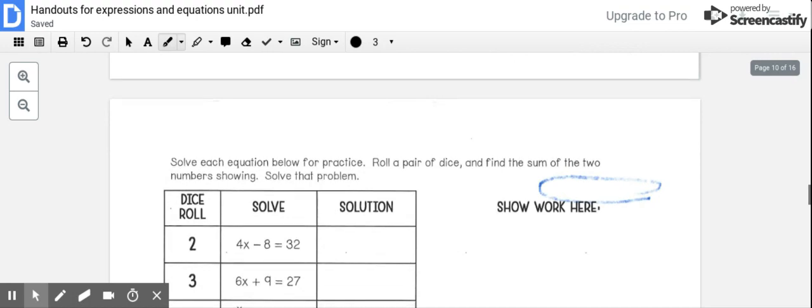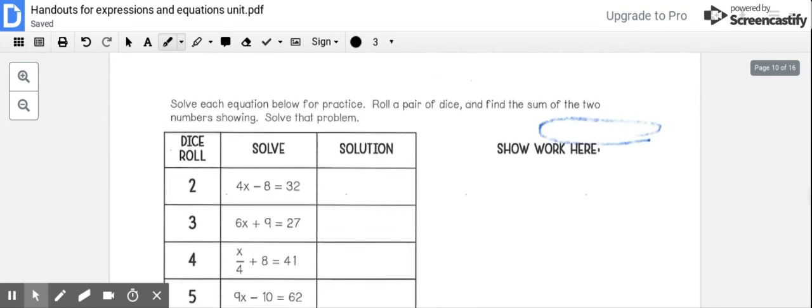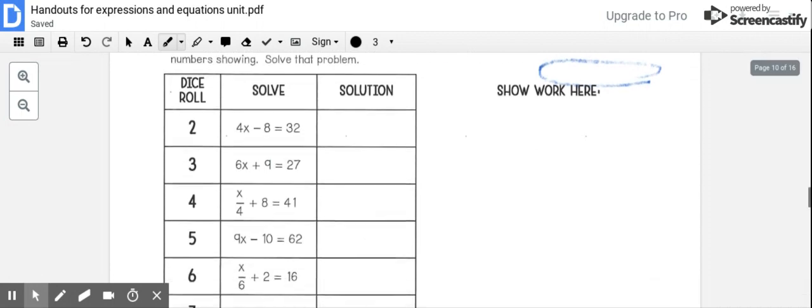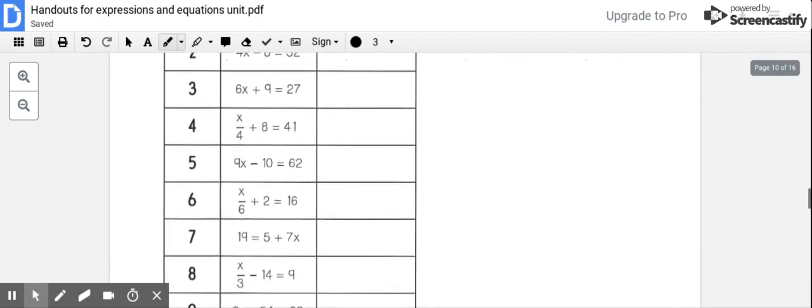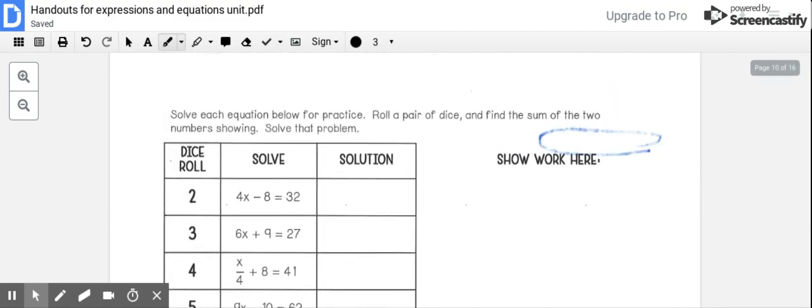Okay, so it says solve each equation, roll a pair of dice, find the sum of the two numbers. We're not going to worry about the dice and everything, but I want you to go ahead and do number 2 and number 4.